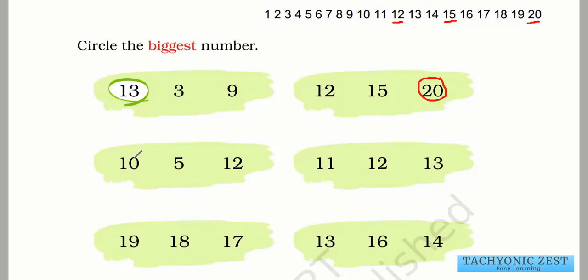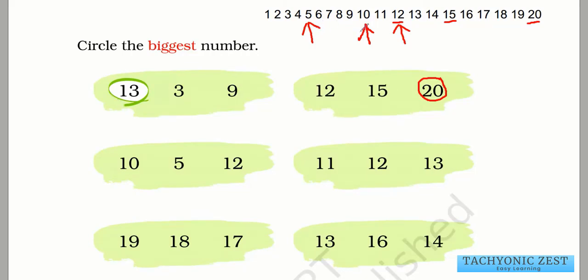Next is 10, 5 and 12. We have to find the biggest number. If we see here, 5 is here, 10 is here, and 12 is here. Out of 10, 5 and 12, the biggest number is the number that comes after all the other numbers.